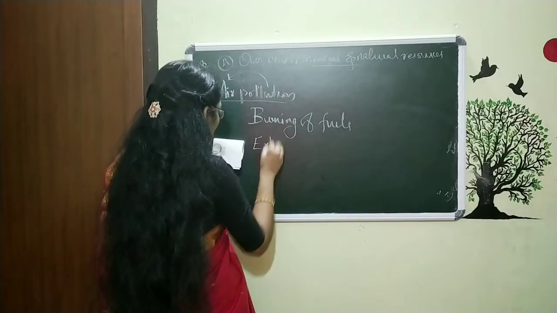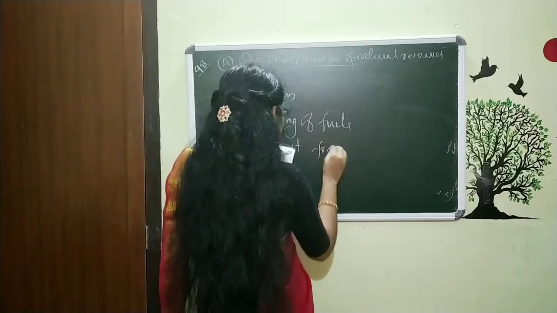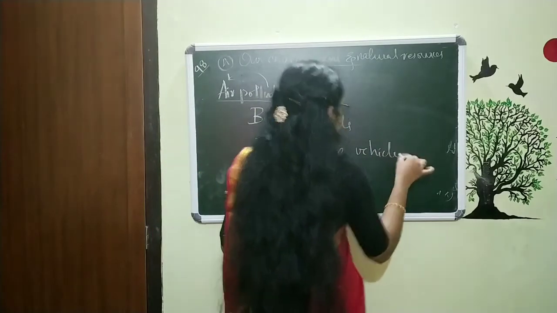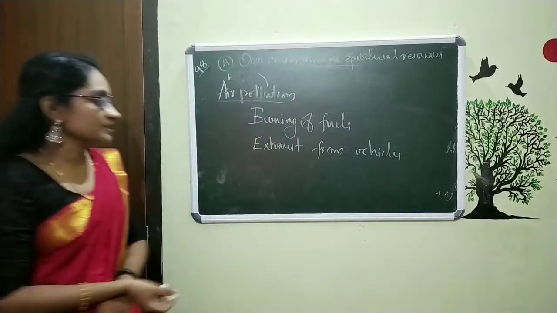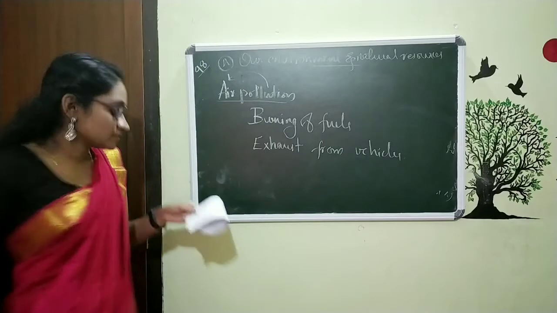The next is exhaust from vehicles. This is actually connected to the first point. I already said that some sort of gases are given out from vehicles, and that is this.